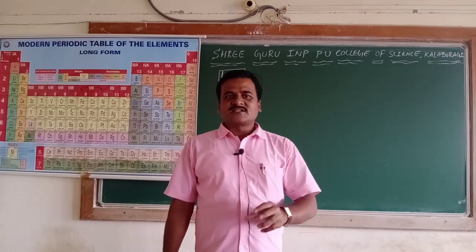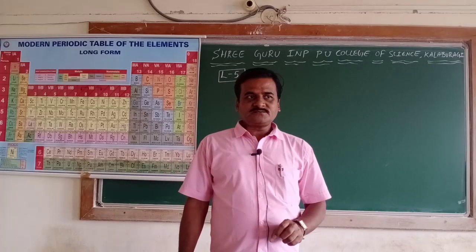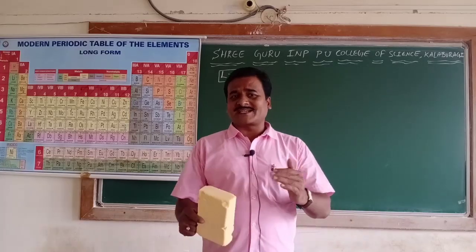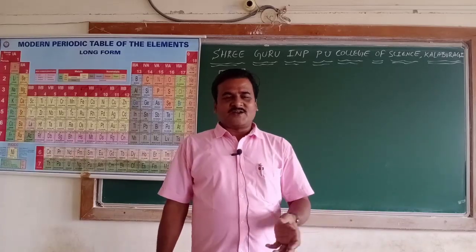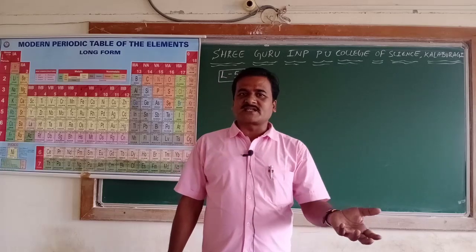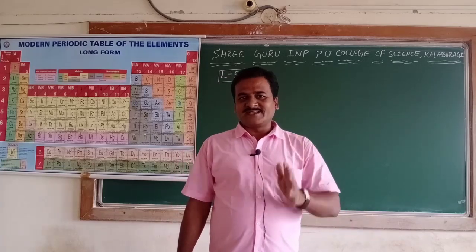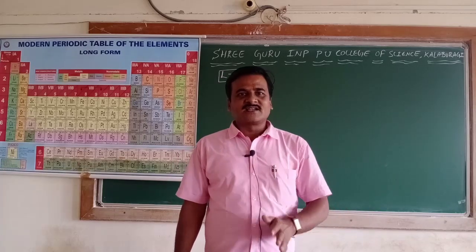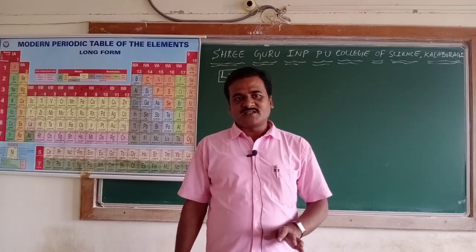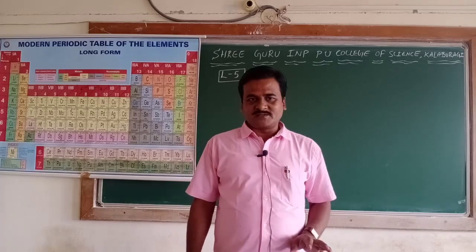So let's take some examples. Before we go to examples, let's collect the guidelines. After collecting the guidelines, we will take some examples of locating or predicting the position of the element in the periodic table.